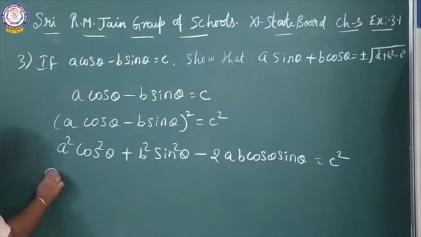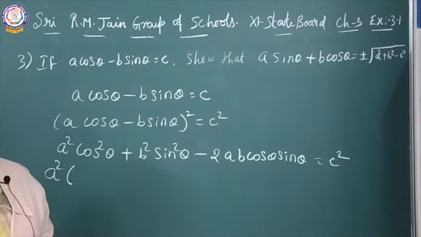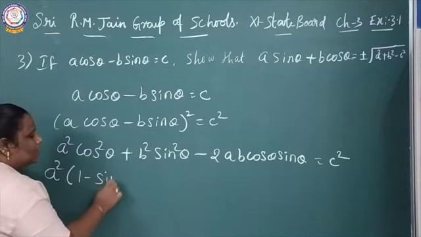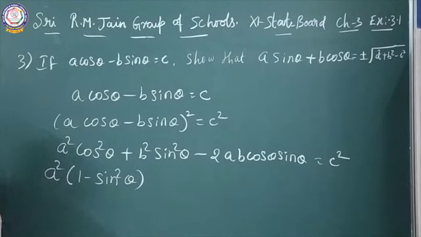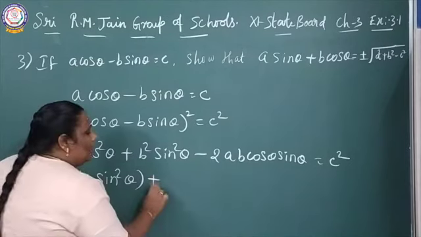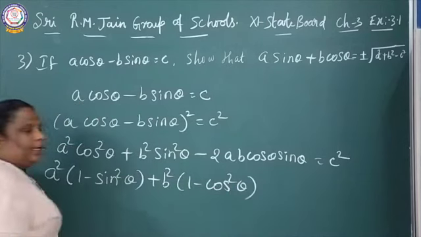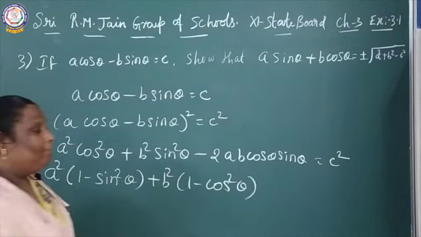See here, A square into cos square theta, I will write it as 1 minus sin square theta using the identity you studied in 10th standard. Cos square theta I replaced by 1 minus sin square theta, plus B square into 1 minus cos square theta, minus 2AB cos theta sin theta equal to C square.